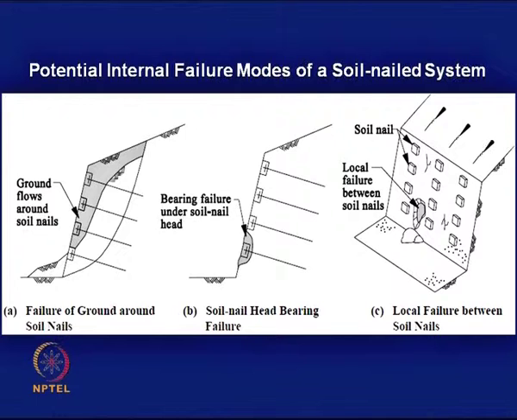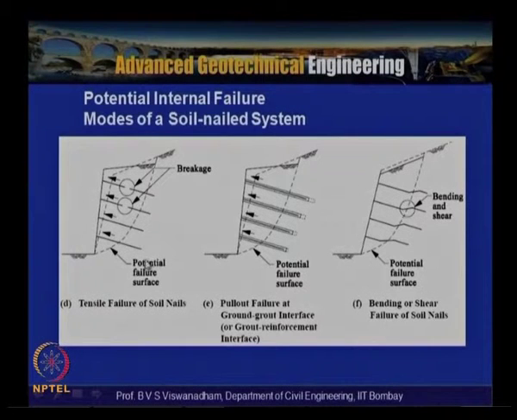The other one is local failure between the soil nails, that is, facing element failure, which can be caused by inadequate facing thickness. The other one is tensile failure of the soil nails because of rupture or breakage of the nails.